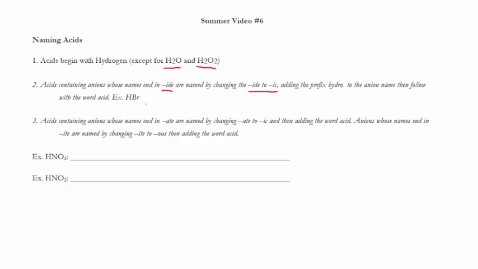So for example, HBr. Because it's bromide, it would be hydro, and instead of bromide, it would be bromic acid. So the only time you use hydro is if you have an anion that came from the periodic table and it is not a polyatomic ion.